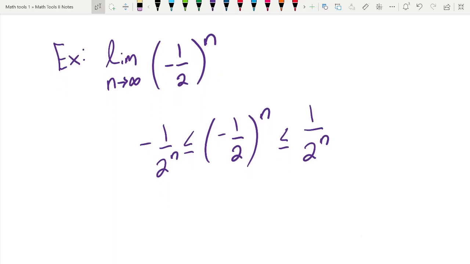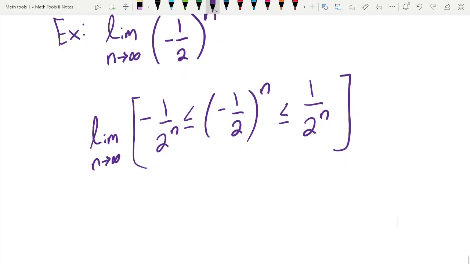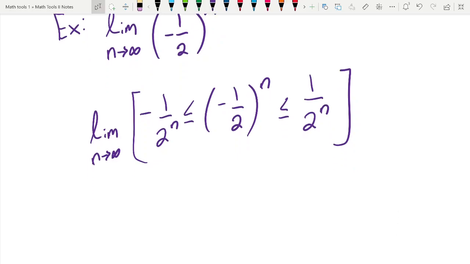So the squeeze theorem tells us that we could take the limit as n goes to infinity of the left side of this inequality and the right side of the inequality, and then if those are the same number, that tells us that the middle of the inequality also goes to the same number.